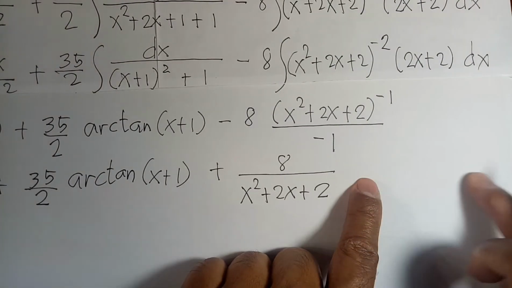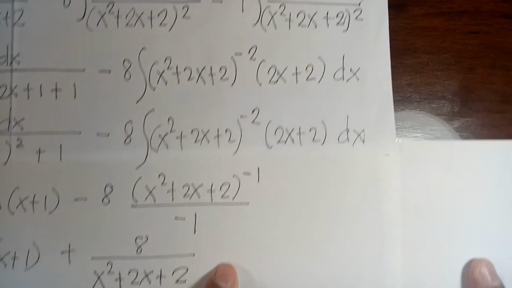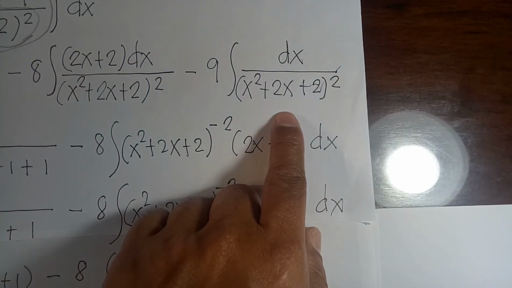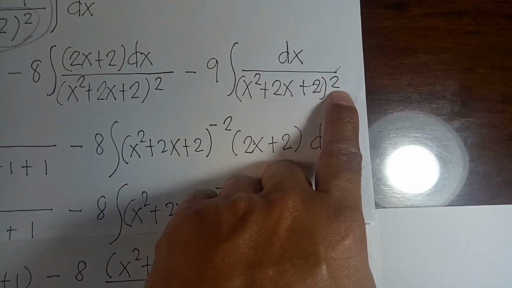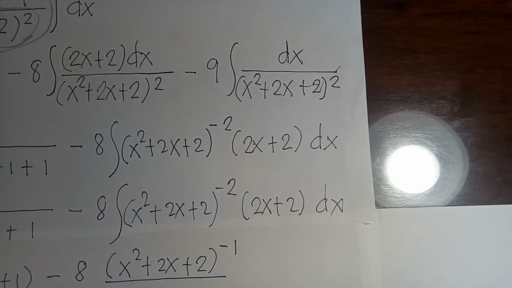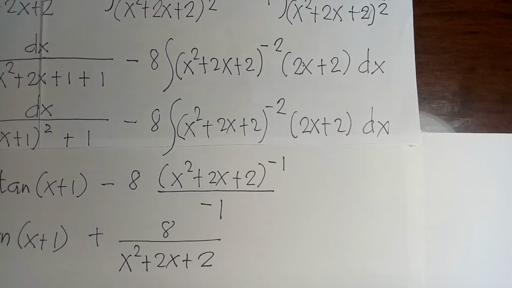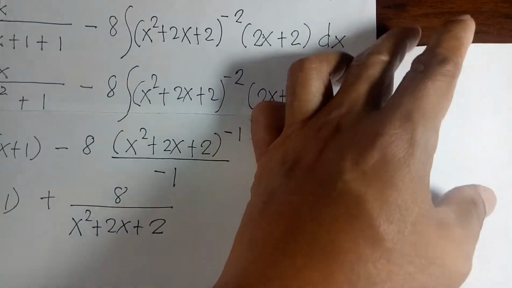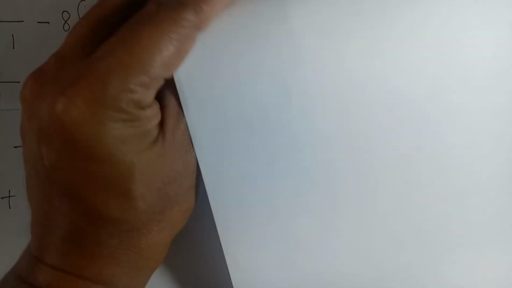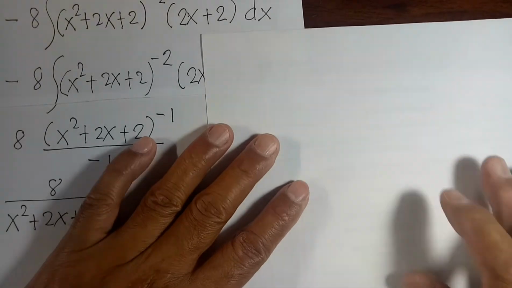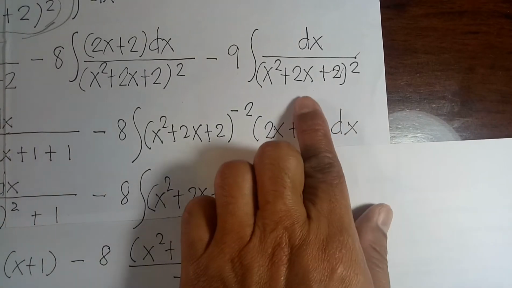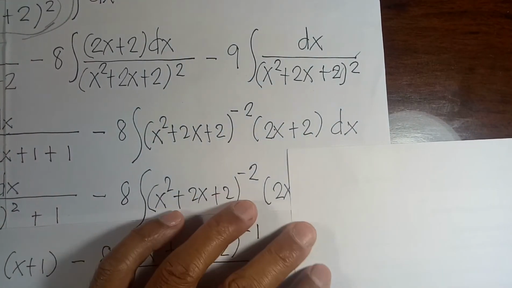Kaya rin dito, idudugtong natin yung sagot natin sa integral ng dx divided by x squared plus 2x plus 2 squared times negative 9. Okay. So, i-integrate natin siya ng hiwalay yung integral na yun. Dito natin ilagay yung integration ng integral of dx divided by x squared plus 2x plus 2.